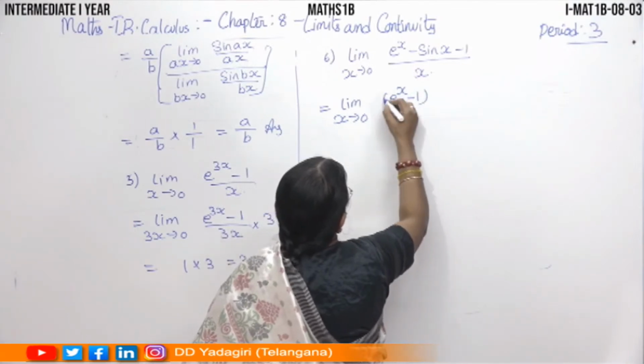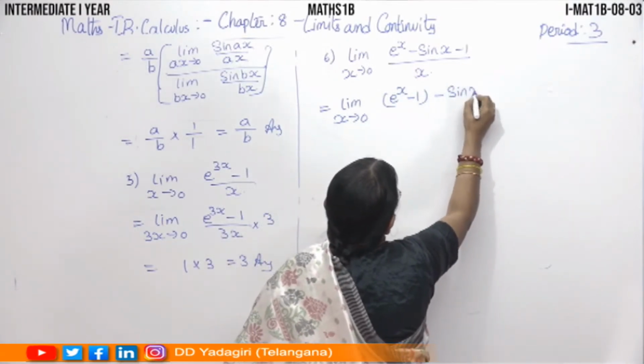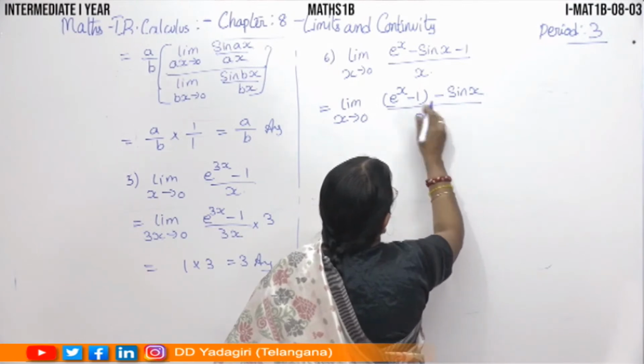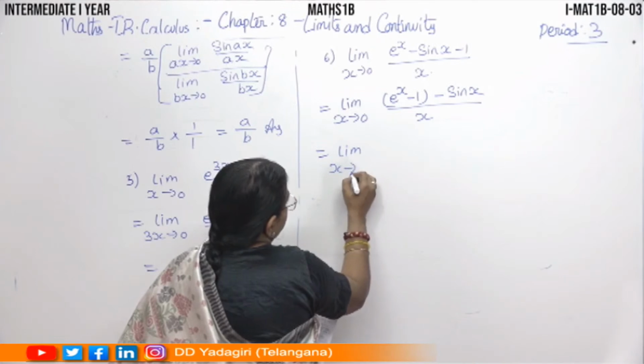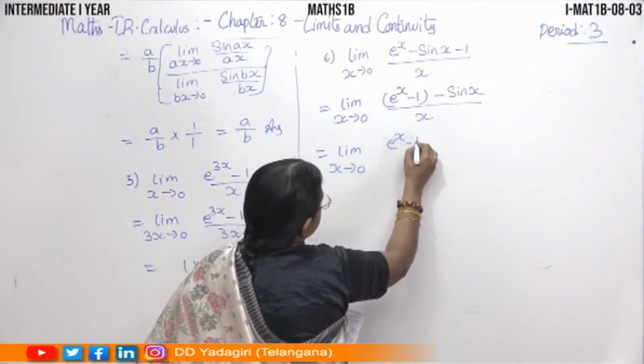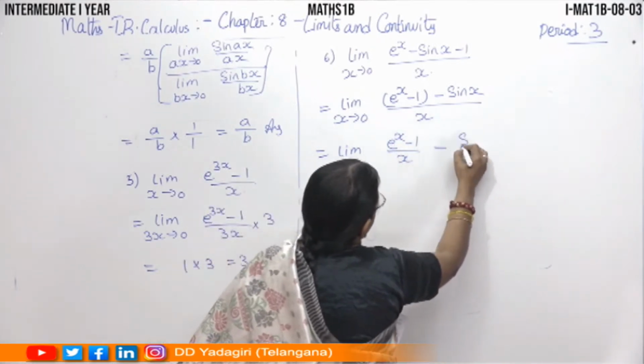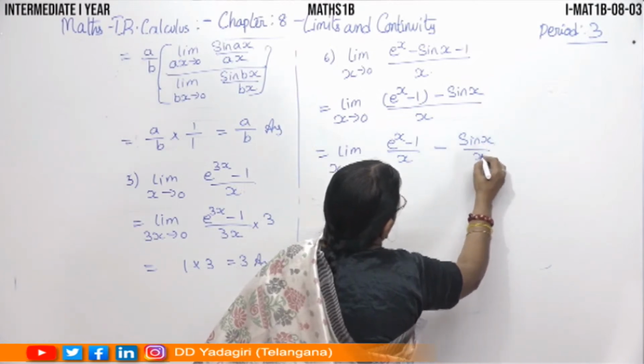So we write e power x minus 1 together, then sin x, and divide them separately. Then we write the limit also separately, so that both are in the standard form. Minus sin x by x, divided separately.